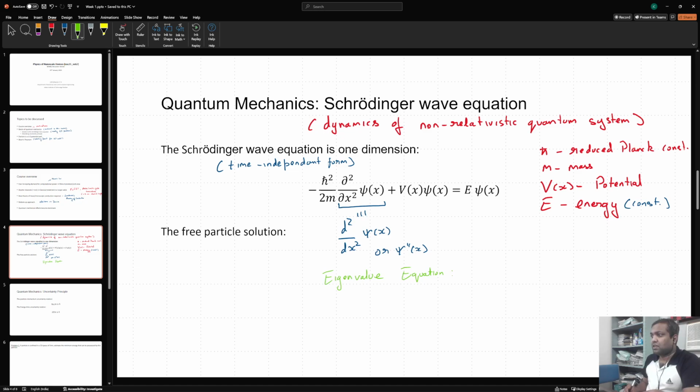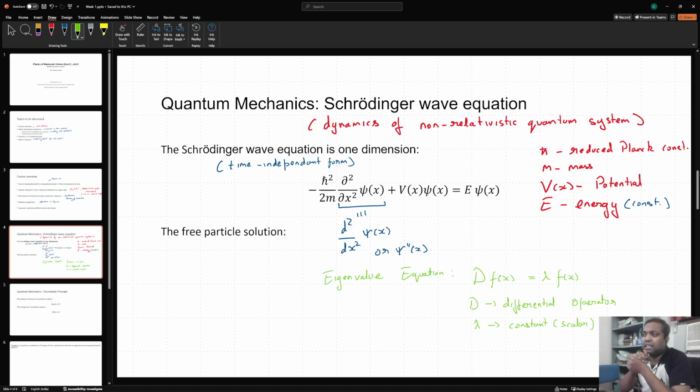Eigenvalue equations are equations of the form where I have D f of x is equal to some k, or using lambda, lambda f of x. Equations of this form, where D is some differential operator or in general any operator, and lambda is a constant, usually a scalar.